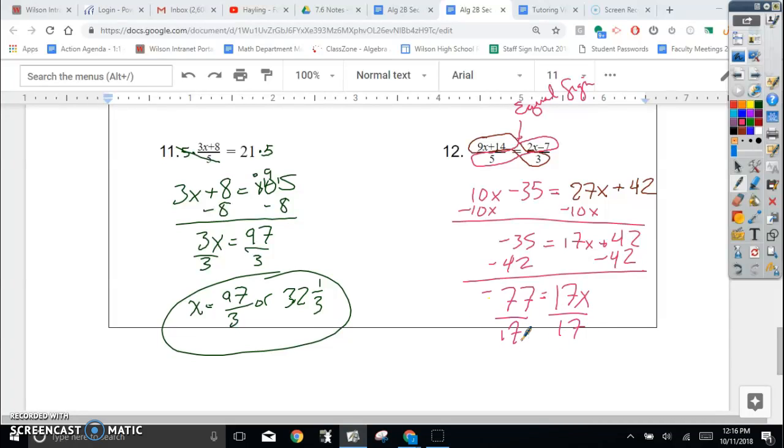Well, 17 is a prime number, and 17 is not going to go into that evenly. Okay, so you can leave it as negative 77 over 17, or, let's see here, 4 times 17 would be 68, so it could be negative 4 and 9/17 as well. Either way, same answer to me.